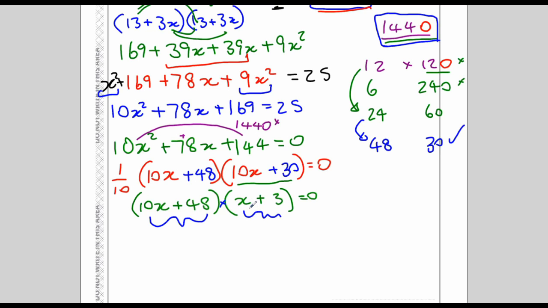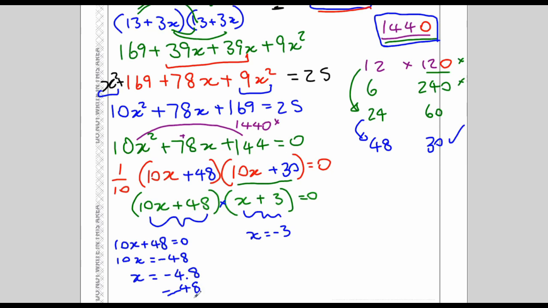The simpler one, if this is 0, then x is minus 3 to make it 0. If this is 0, then we'll solve it. 10x equals minus 48. x equals minus 4.8, or 48 over 10.